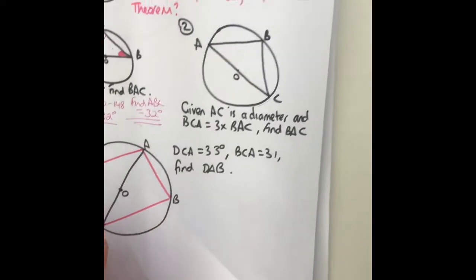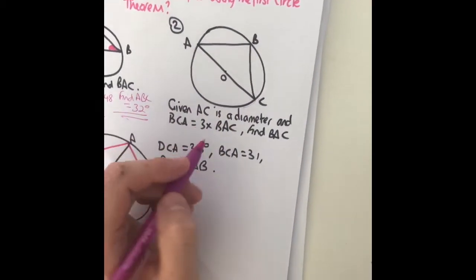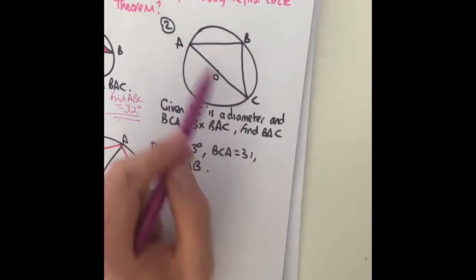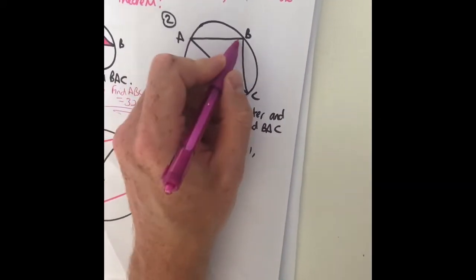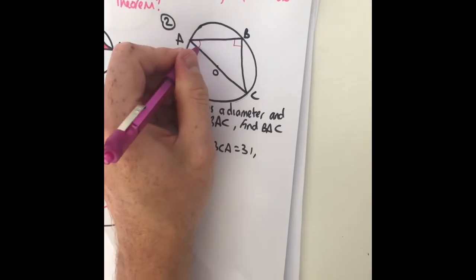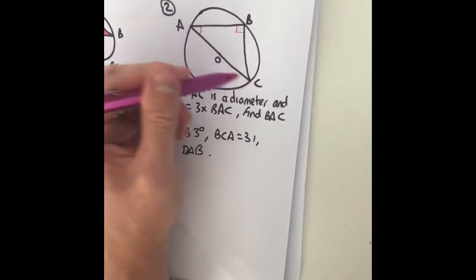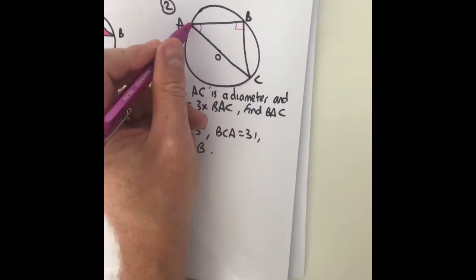Number 2, given AC is a diameter, so that it tells you, and BCA is 3 times BAC. Find BAC. Right, well, first of all, diameter, centre, this has to be 90 from this rule. So BCA is 3 times BAC.